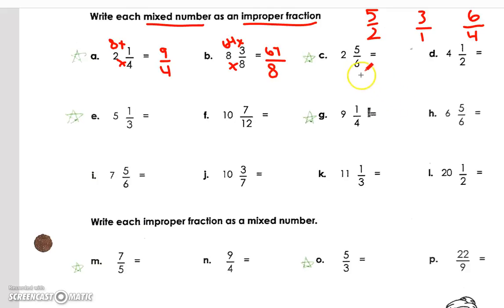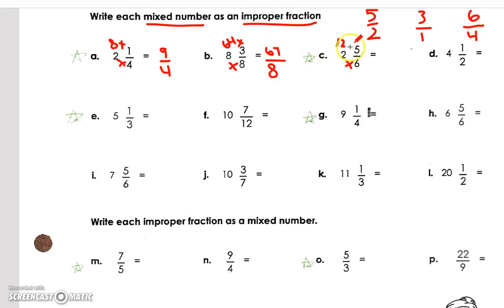Let's do one more. I see we have 2 and 5/6, and I want to turn this into an improper fraction. What I would do is take my 6, which is my denominator, and multiply it by my whole number, which is 2. So 6 times 2 gives me 12. I'm going to put the 12 up here. Now I just have one more step.